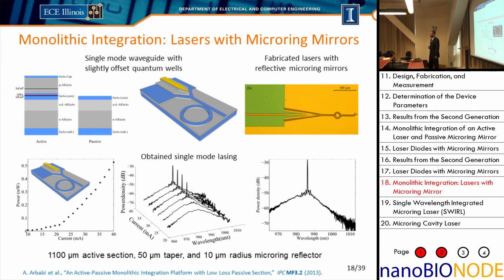So the second type of device, and I should mention with this structure, what we do is we have these gratings that form a first order grating. So a first order grating, the length of the section is lambda over 4 long, the period is lambda over 2. A first order grating is designed to reflect light in the opposite direction. So if I send light in the forward direction, a first order grating will directly couple to light in the counter-propagating direction.